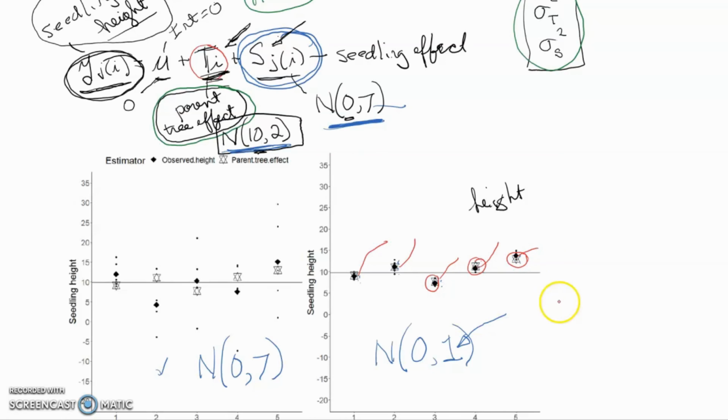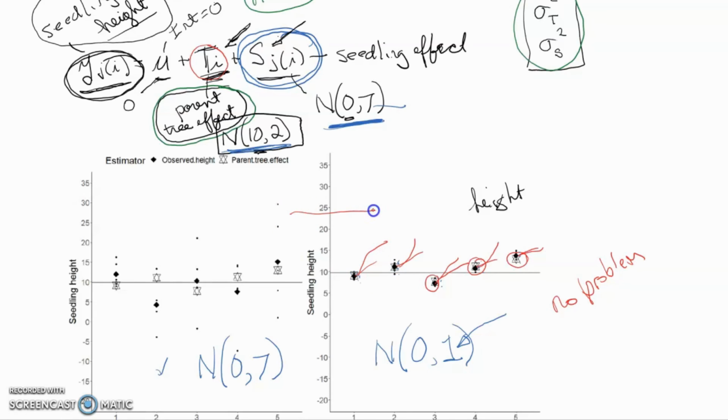So in this case, we've got no problem. The naive estimate obtained by simply averaging the 5 observed heights is pretty close to the true value.